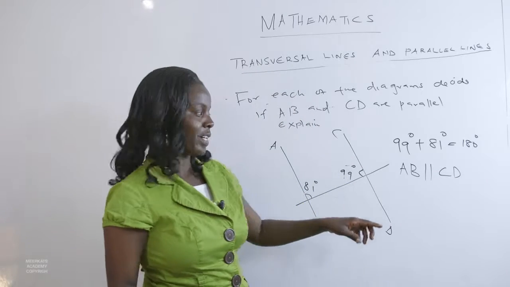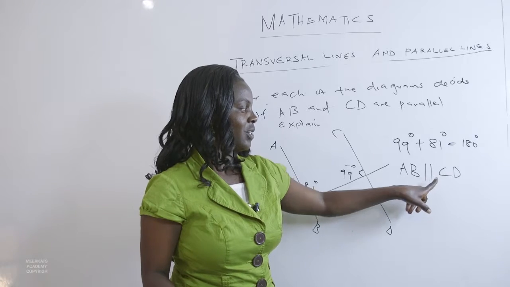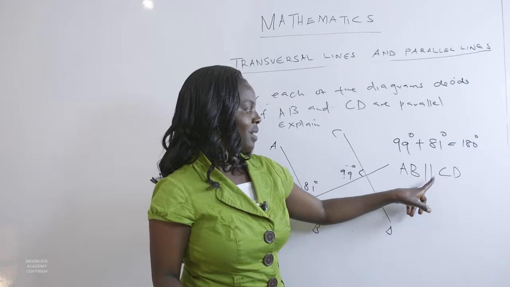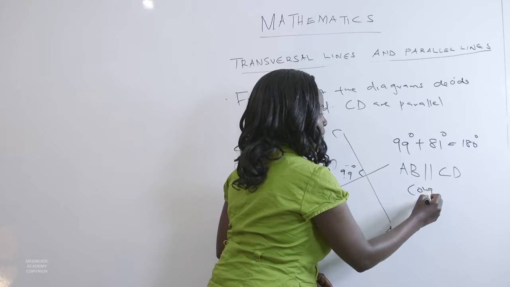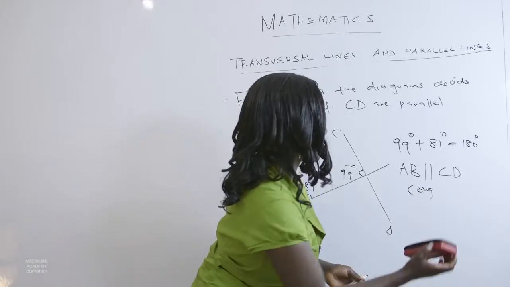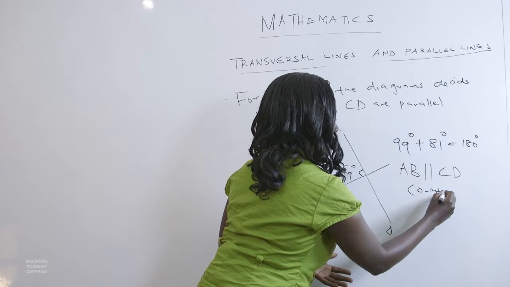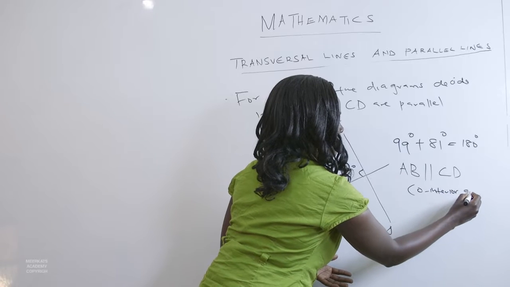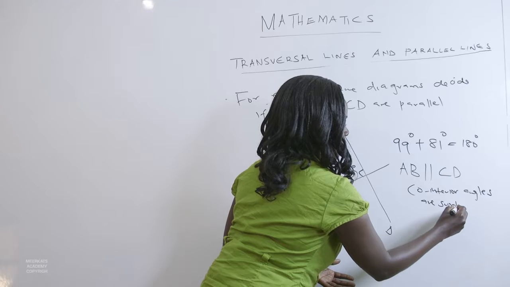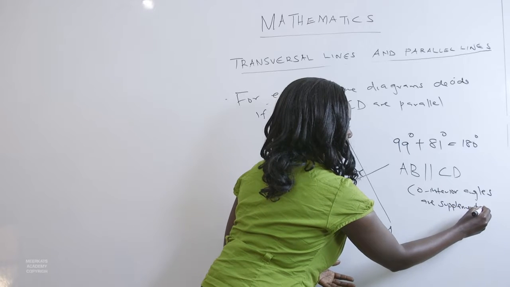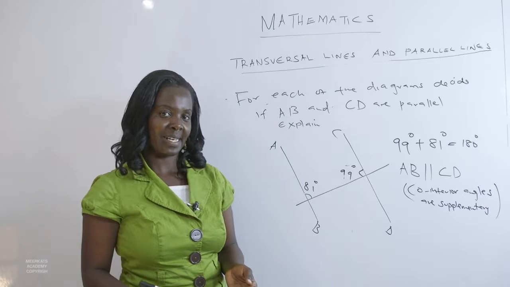We said we can write AB is parallel to CD using the two parallel lines. AB is parallel to CD, and the reason is co-interior angles are supplementary.